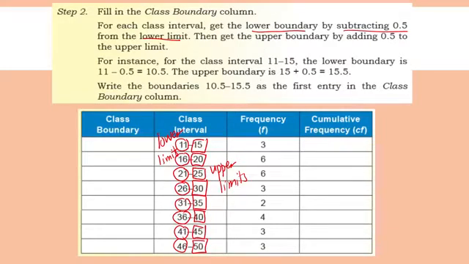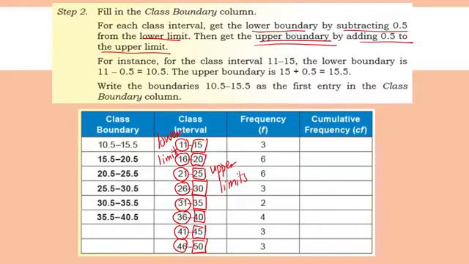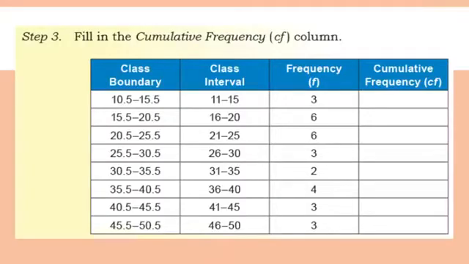The upper boundary is simply adding 0.5 to the upper limit. So these are the class boundaries now. Take note of those values. You already know how to get those values. Now, let's continue. Let's fill in the cumulative frequency column, the CF column.